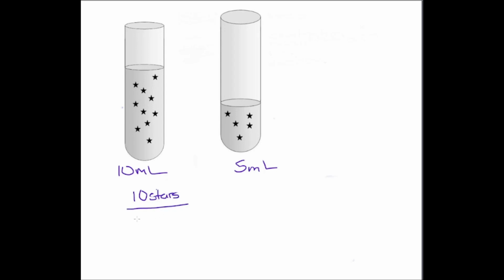per, or in, 10 mils. Here we have 5 stars. If you count them, there are 5 stars in 5 mils. Observe, the amount of stars in the 2 tubes is not the same.